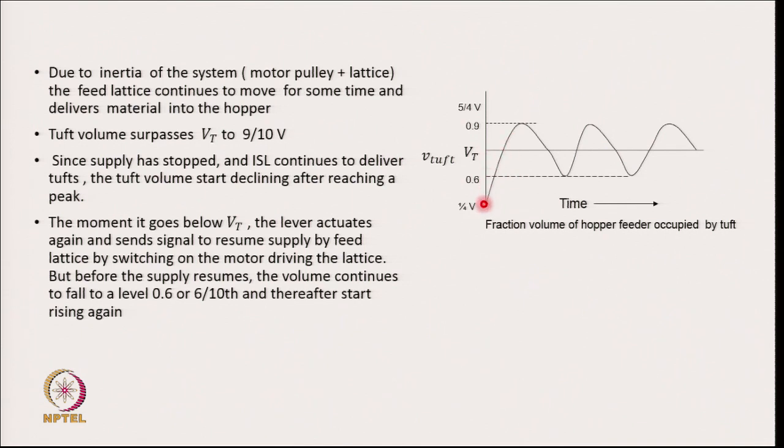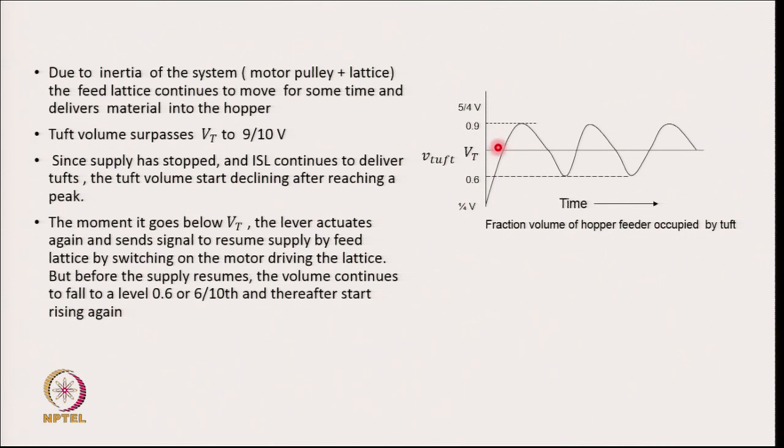So, what happens? The volume of top keeps on increasing. So, it is going up and up and up, and it reaches the target value V t. At this time the lever has sensed and it is sending a signal to stop the feed lattice.